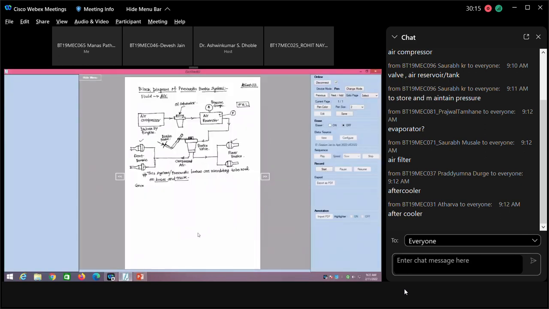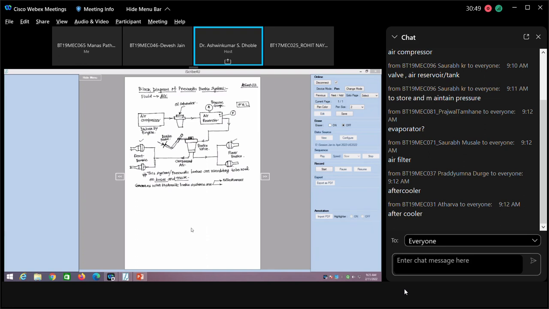So concerns with hydraulic brake systems are, the first one is the effectiveness for heavy vehicle, the second is size of system components, and the third one is leakage of hydraulic fluid, which is oil.